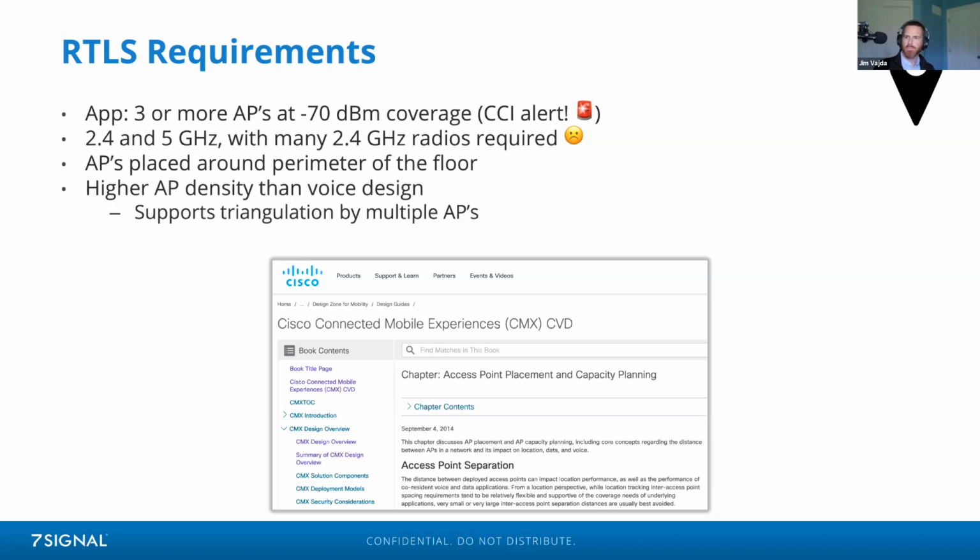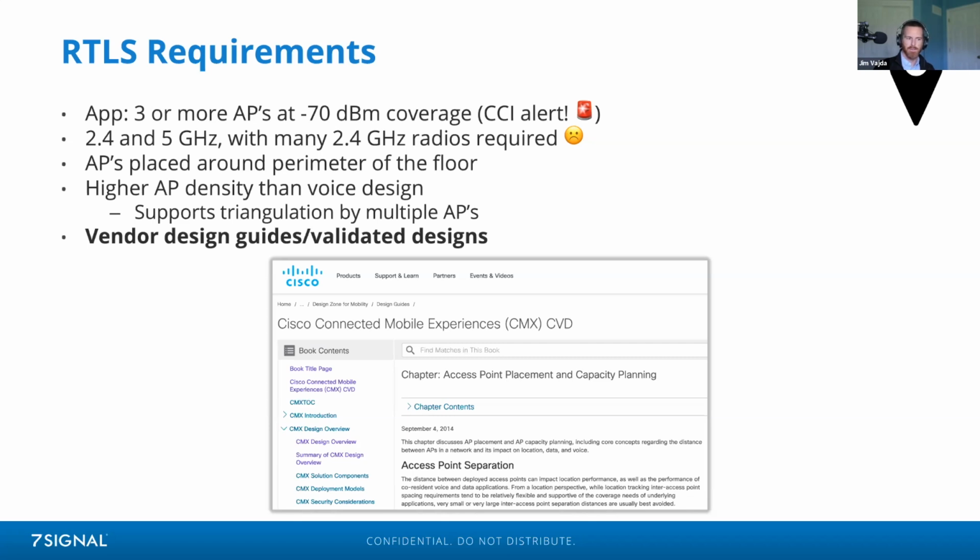And so we end up with a higher AP density than even a typical voice design to be able to support triangulation. And here again, this is where vendor design guides and validated reference designs from the AP vendors are really useful.